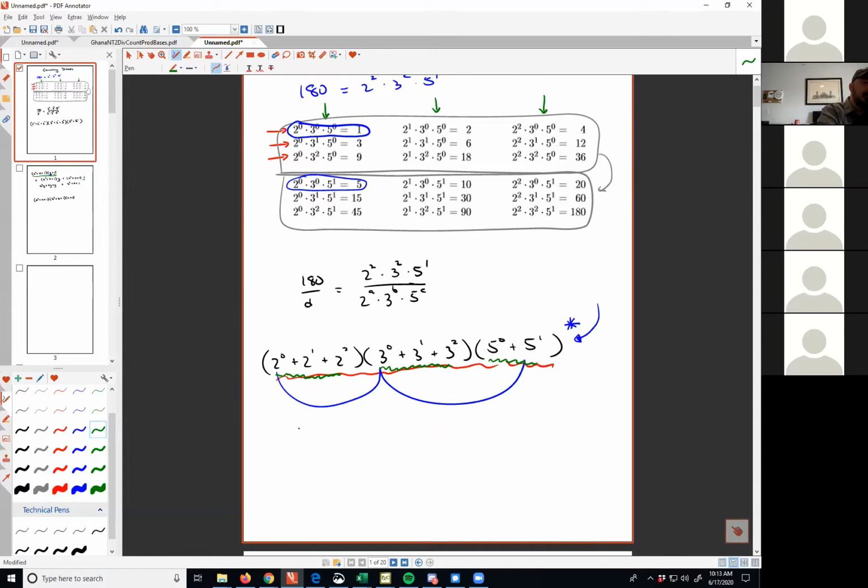What is 2 to the 0 power plus 2 to the first plus 2 to the second? 7. 7 is correct. And then what is 3 to the 0 plus 3 to the first plus 3 to the second? 13.